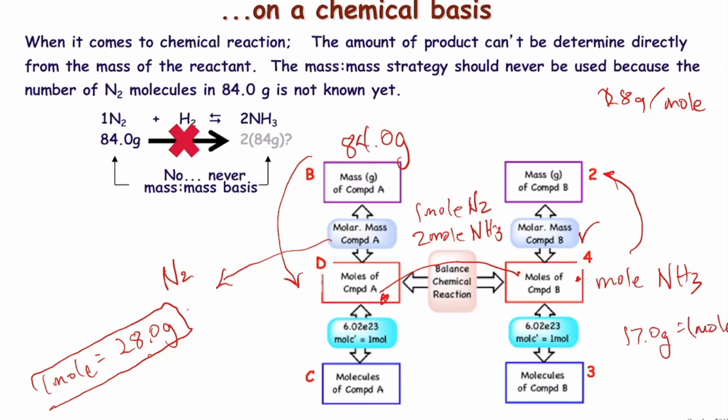This is the mistake that many of you will do. You will see 2 right here, and you're thinking that you got to change that to 34, 17 times 2. No. It's the molar mass of the chemical. The chemical is NH3. It's not 2NH3, it's NH3. The molar mass of NH3 is 17 grams equals 1 mole. The only time you use the balanced equation, the only time you use the coefficient is right here. That is the only time. You don't make it 34 just because you see a 2 in front of that.